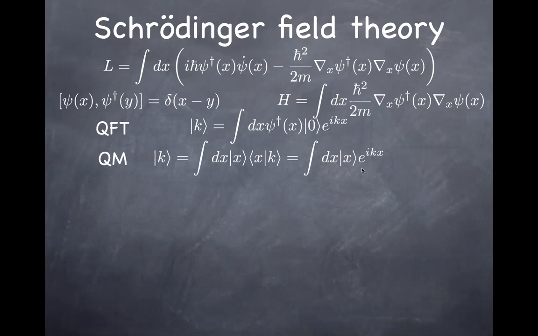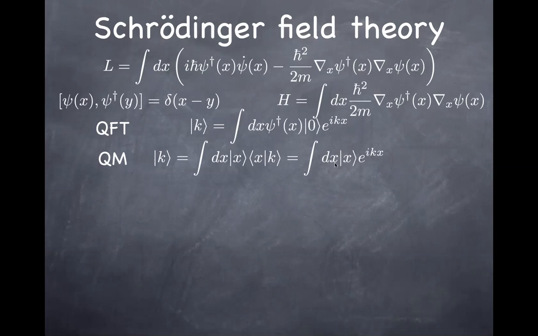Maybe you have seen a factor like square root of 2 pi in the definition. Here, I'm not really paying attention to that overall normalization factor. The main point I'm trying to make is that the momentum eigenstate in quantum mechanics is given in terms of a superposition of the position eigenstates weighted by the wave factor e to the ikx.